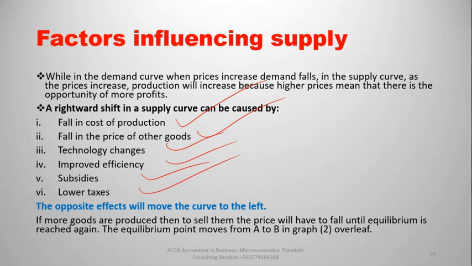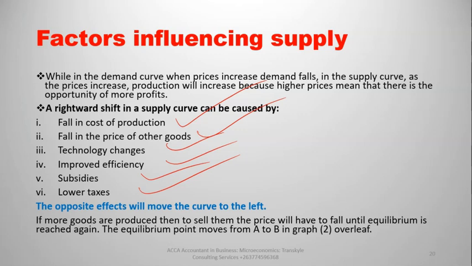Lower taxes would also help manufacturers or suppliers to produce more because they are paying less in terms of taxes. Remember, tax is actually an expense to the business. So when the tax rates are lowered, this might motivate them to produce more.